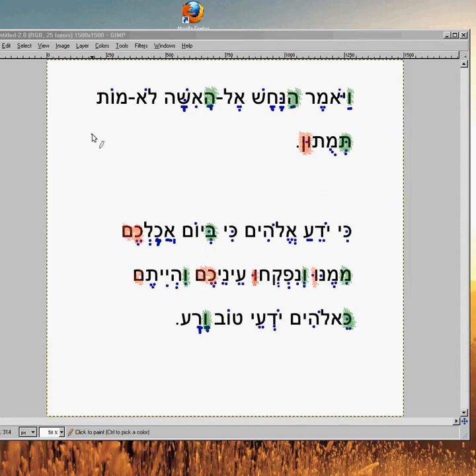So, let's look at some of the suffixes. Now, I didn't mark all the suffixes because here im is clearly a suffix, but I treat this word as one word. The vav final nun suffix denotes a lesser version of the verb it's attached to.